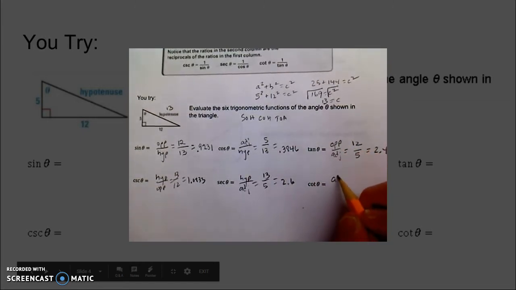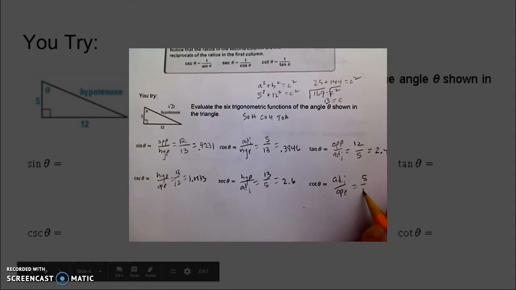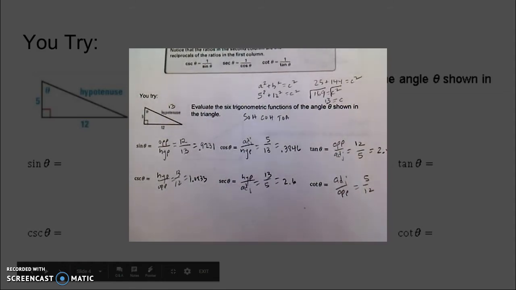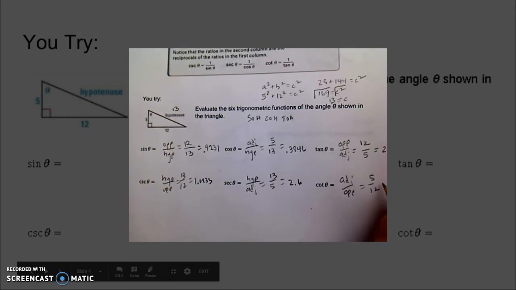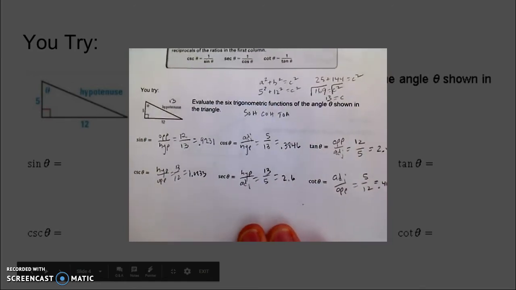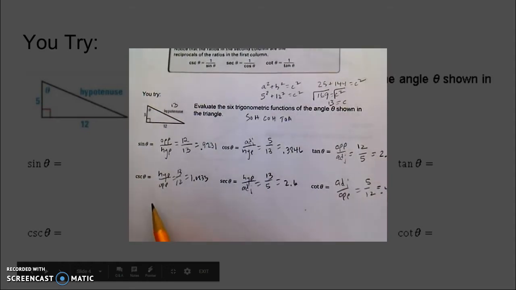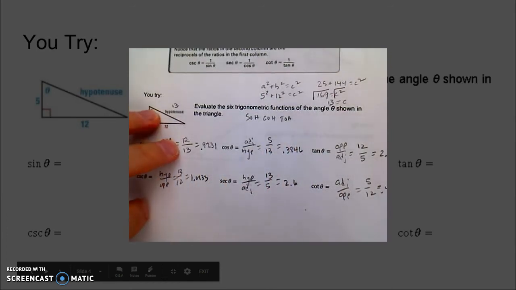The cotangent is the adjacent divided by the opposite. So 5 over 12. And the three inverses, cosecant, secant, and cotangent, are little used. Through our class, you'll mostly be using sine, cosine, and tangent.